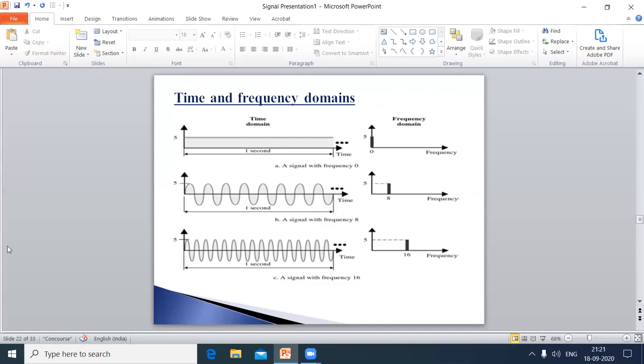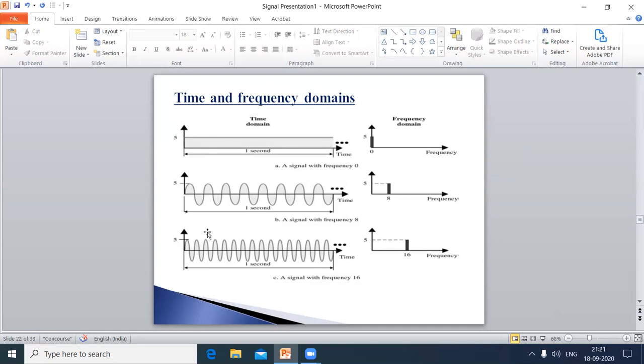First one, a signal with frequency 0. Frequency 0 means that in 0 to 1 second no waves are formed, no signal passes. It's called frequency 0. No data available, no signal available in this picture.